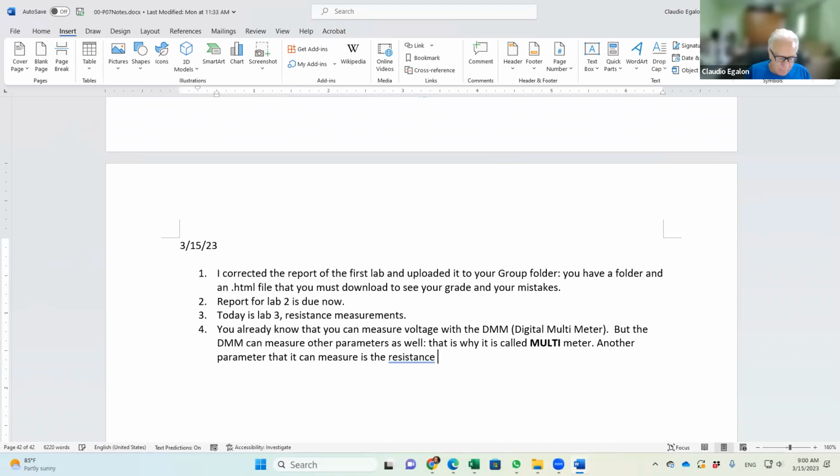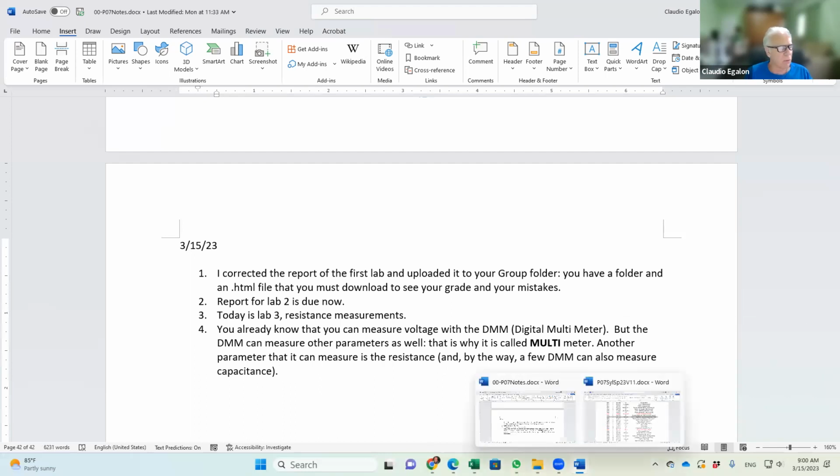Okay. And by the way, some DMMs can also measure capacitance. It's not all of them that measure capacitance. There are very few out there that can measure capacitance. A few DMMs can also measure capacitance.